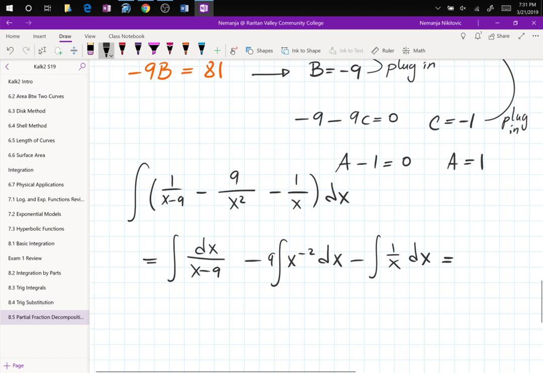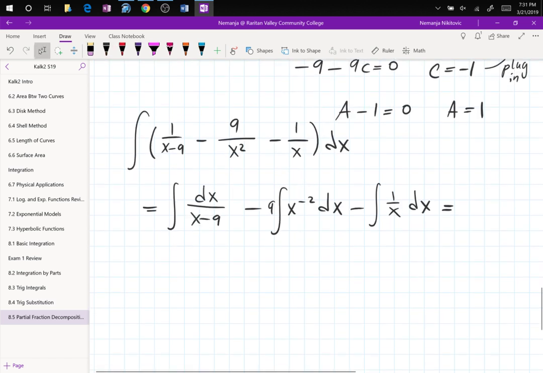Yeah, it's ln x, good. So now the first one is ln of x minus 9. Now the next one is going to be plus. This is minus 1, so it will be 9 over x, right? And the last one is minus ln of x in absolute values plus c.